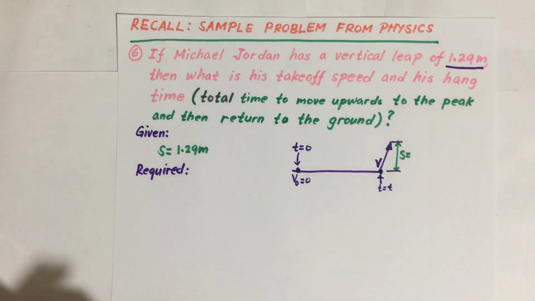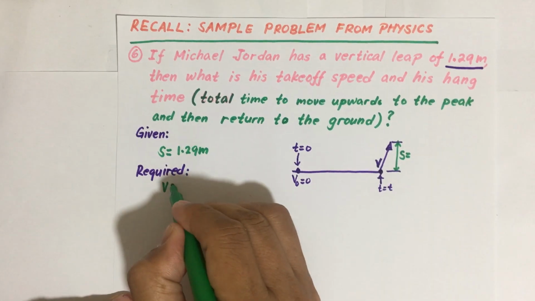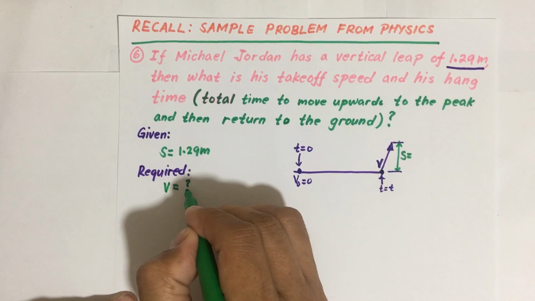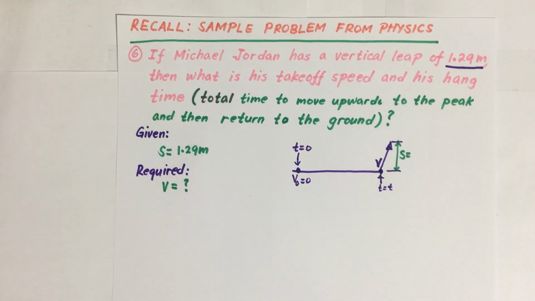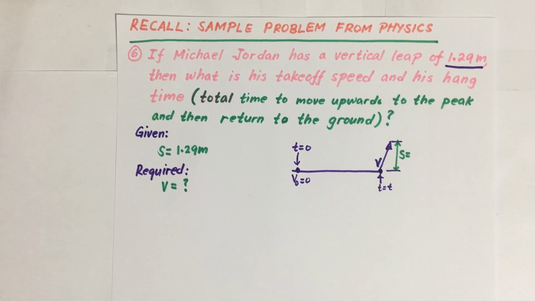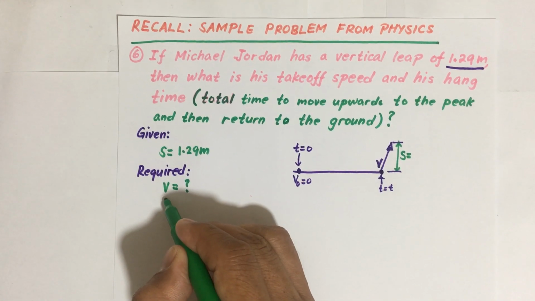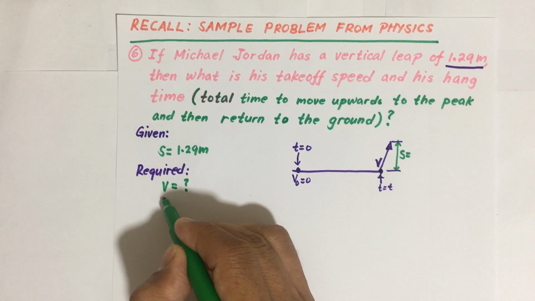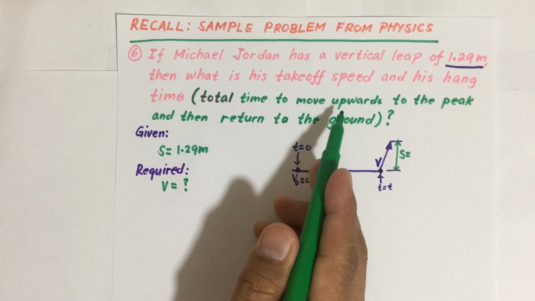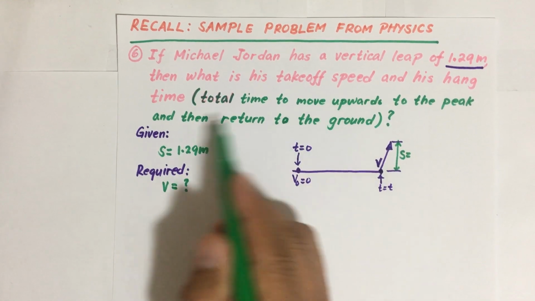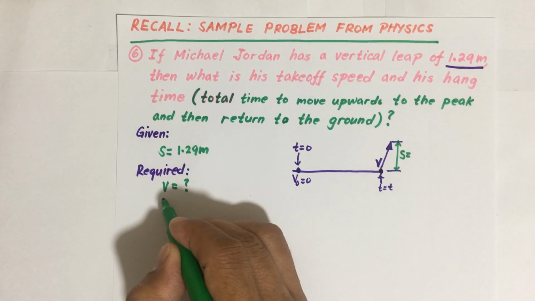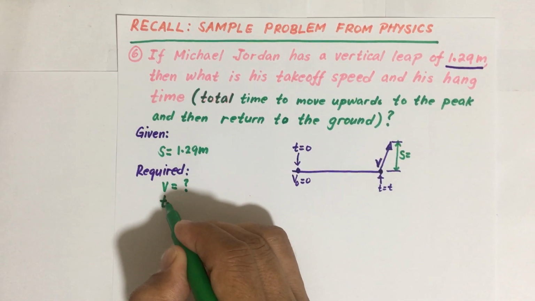So we are required to solve for the final velocity. And his hang time, the total hang time, the total time to move upward to the peak and then return to the ground. We can call this t total.